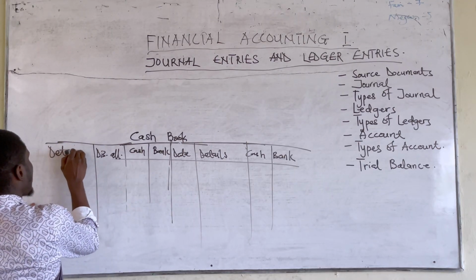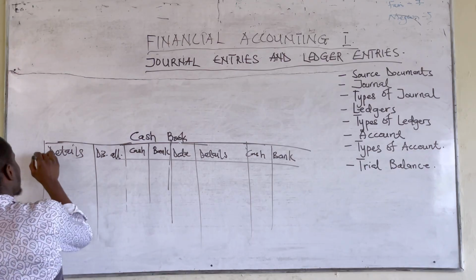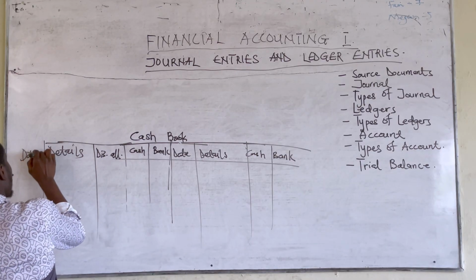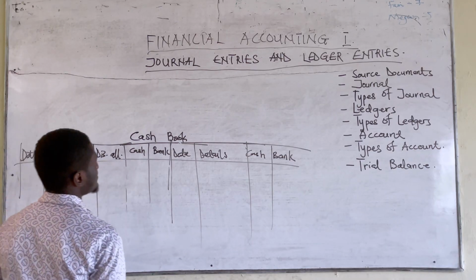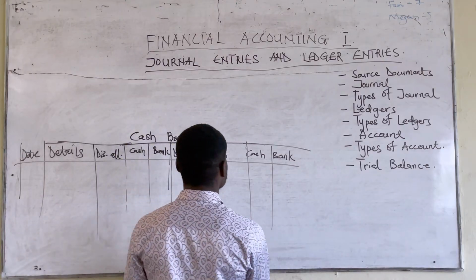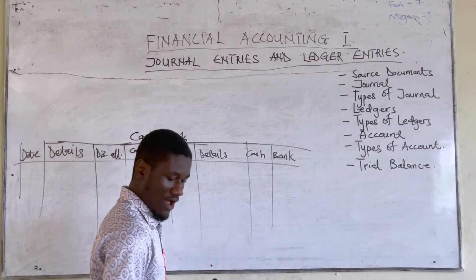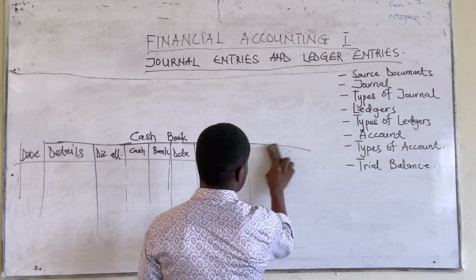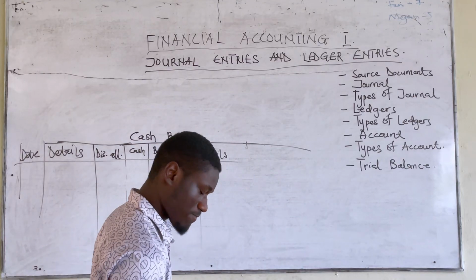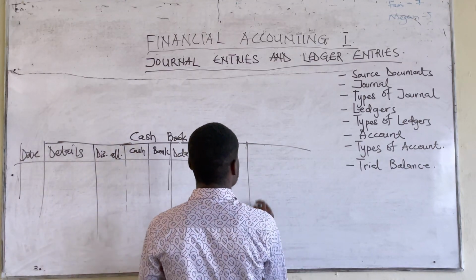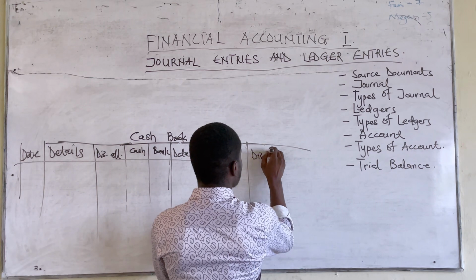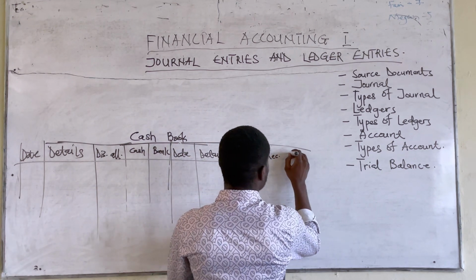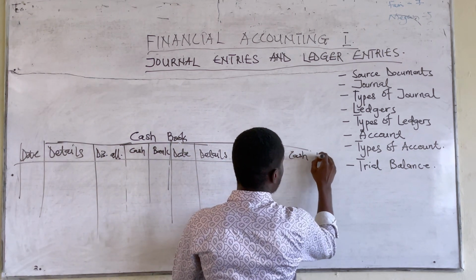So it's only an addition of the discount allowed and received. Okay, the discount allowed and those we receive. So here too, we have discount received here, now cash and bank.